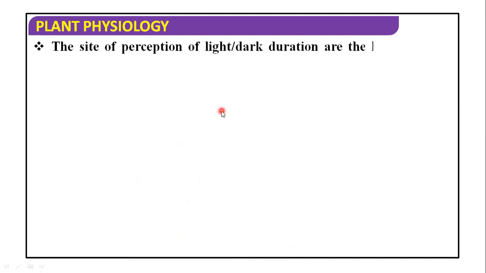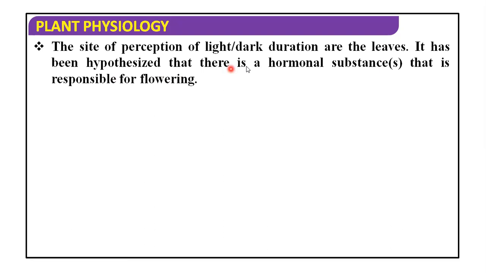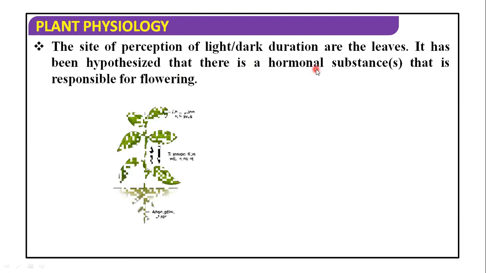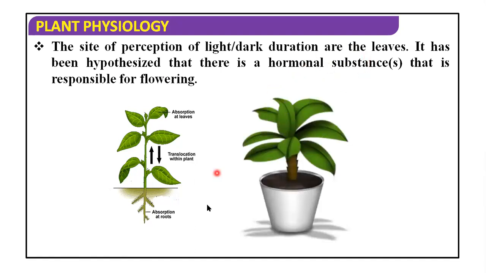The site of perception of light and dark duration is the leaves. So it has been hypothesized that there is a hormonal substance that is responsible for flowering. Leaves perform a very great function in plants, and it is some hormonal substance that is responsible for flowering.